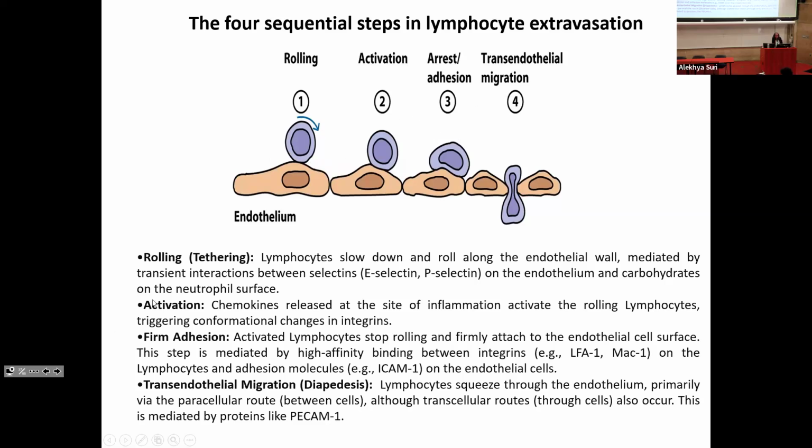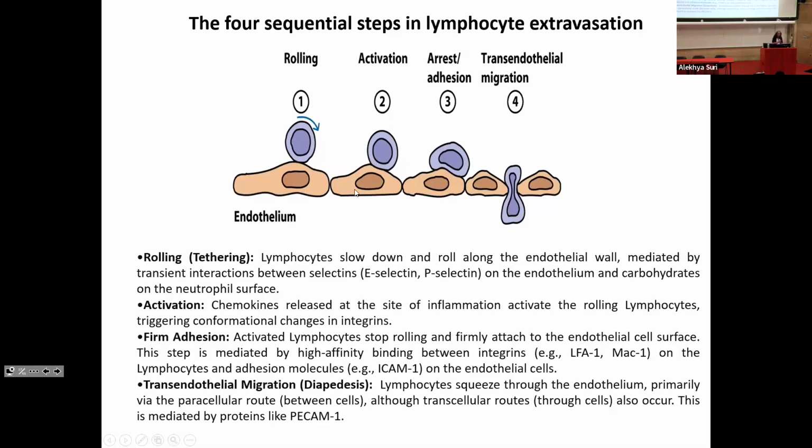Following that, the chemokines that are released at the site of inflammation activate these rolling lymphocytes. That's triggered by conformational changes in other adhesion molecules here, and a change in what are called the integrin molecules on the immune cells.